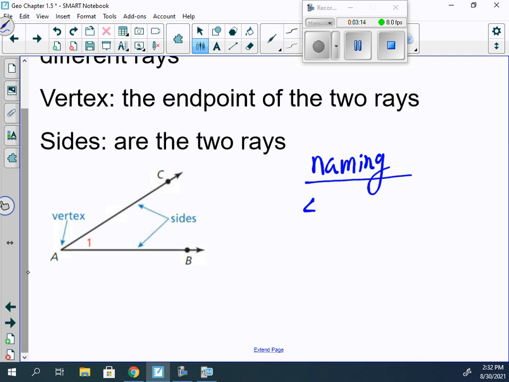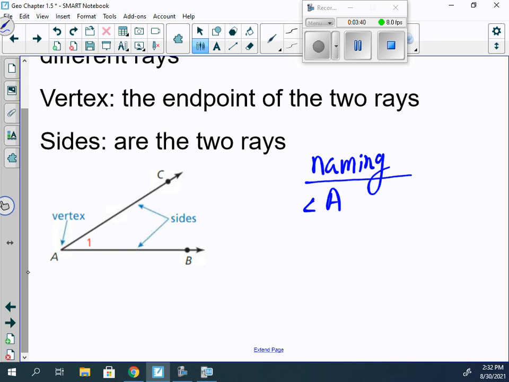Now, the first way that we can name an angle is based off its vertex. The vertex for this here would be letter A. So I can call this angle A based off its vertex. Now, we won't always be able to use the vertex to name an angle. If there is more than one angle that shares a common vertex, we cannot use it.